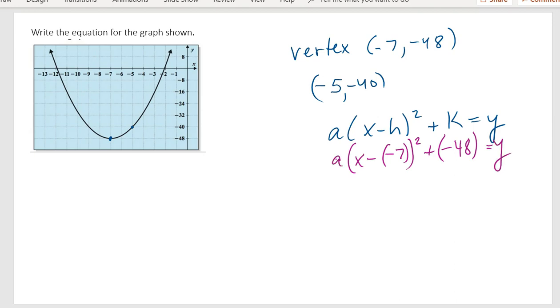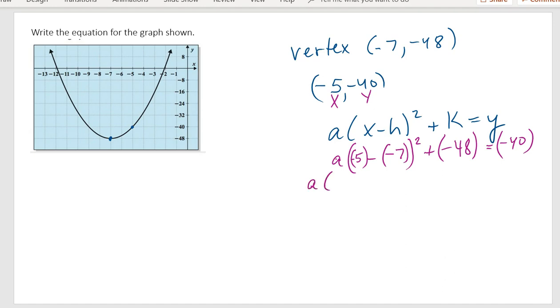So far I've only entered in my h and my k. I also now have an x and a y because I have a point. So let's substitute them in for my x and my y. So my x is -5 and my y is -40.